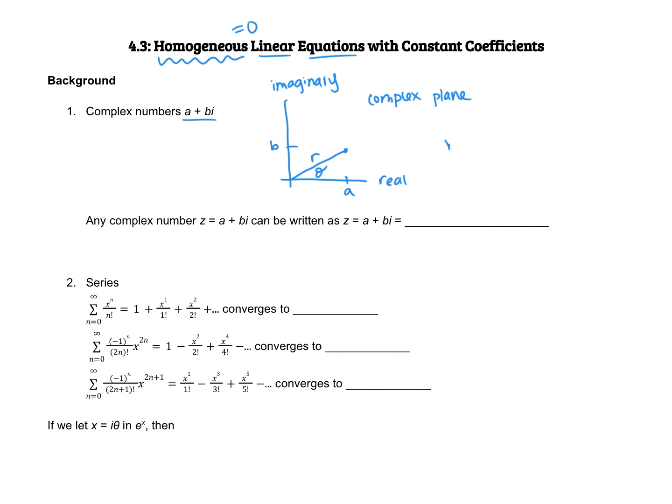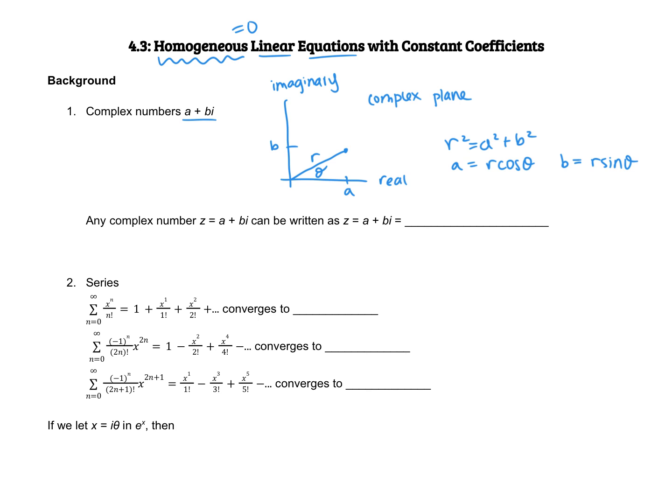A few things to know is that r squared, hopefully you can tell, is going to be a squared plus b squared. We know that a, if we think back to our unit circle, can be calculated as r cosine of theta, and b can be calculated using r sine of theta.